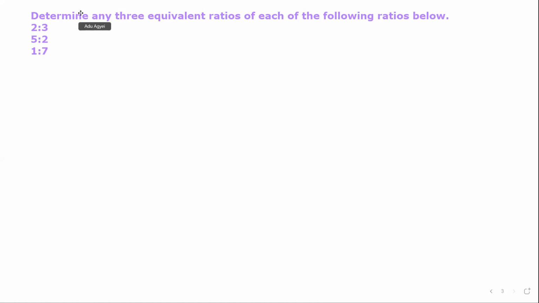So let's try and write 3 additional ratios for the first one, which is 2 to 3 here. You're going to write 3 additional ratios which will be equal to 2 to 3. Equivalent means they are the same, okay? They have different digits, but the values are the same. So let me write the first one here, the solution.